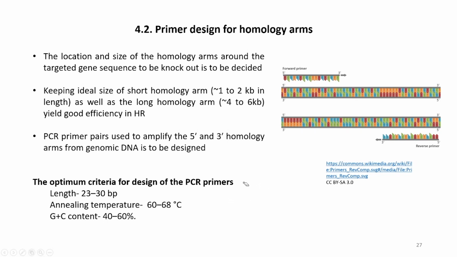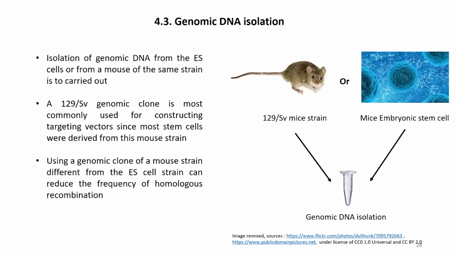We select a length of around 23 to 30 base pairs, and we target an annealing temperature of around 60 to 68 degrees centigrade, and the GC content should be ideally around 40 to 60% maximum.